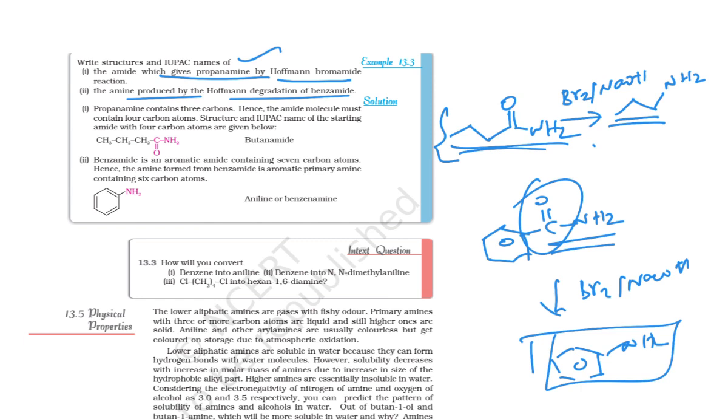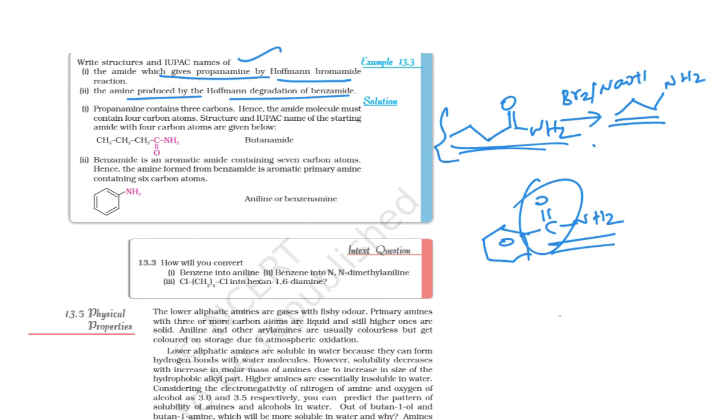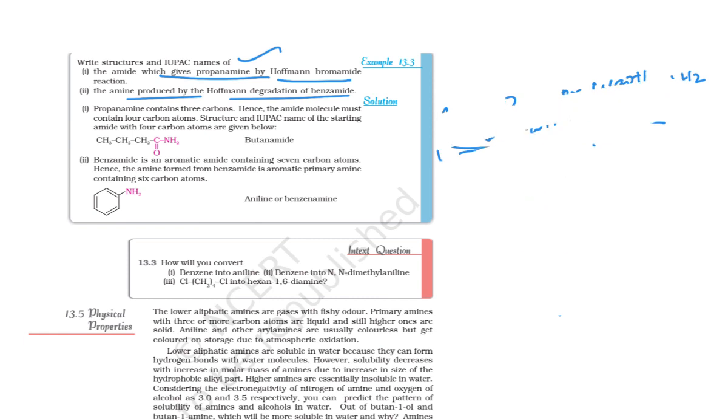Next, there is an in-text question, that is 13.3, right? What are they saying? Benzene into aniline. How are you converting benzene into aniline? If I take benzene, it undergoes nitration.